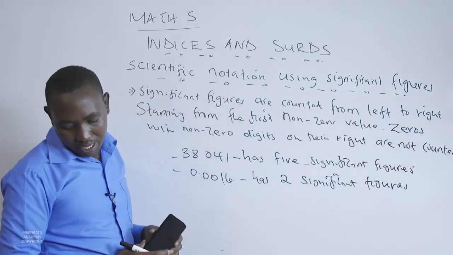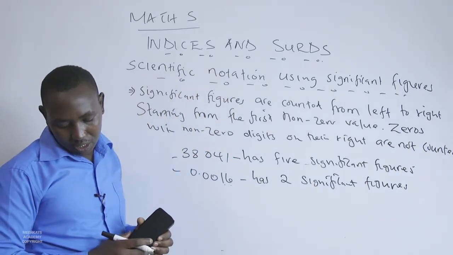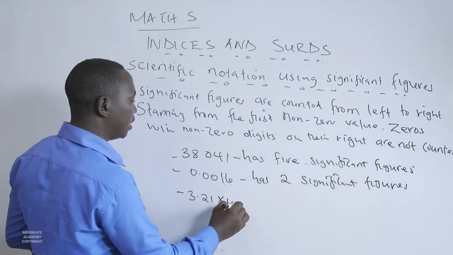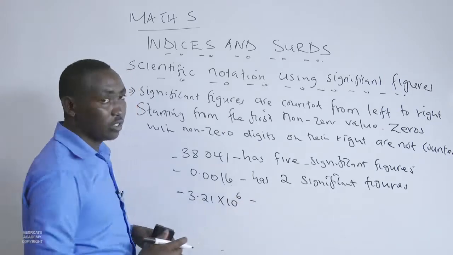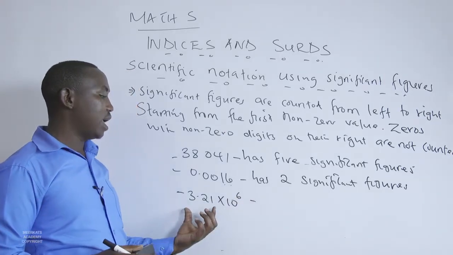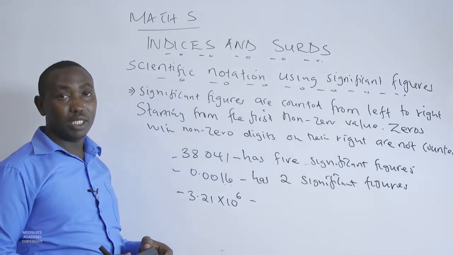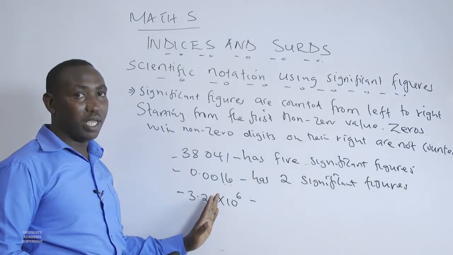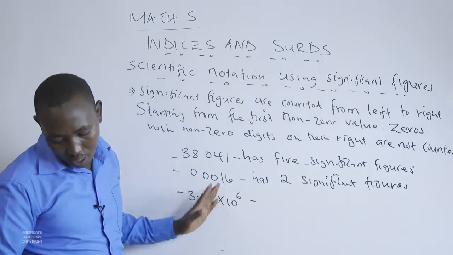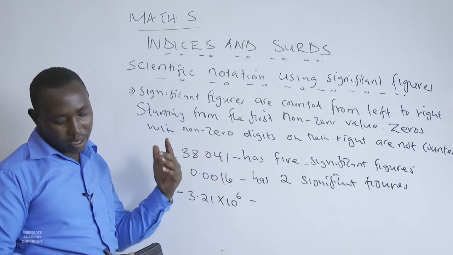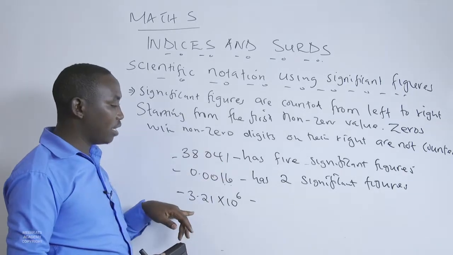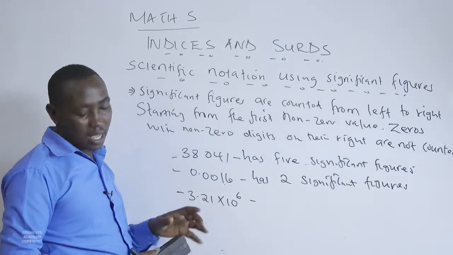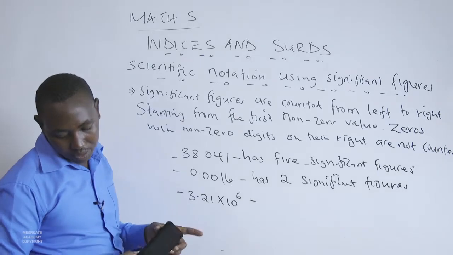We can have another case, 3.21 times 10 raised to 6, for example. How many significant figures does this value have? After here, all the others are going to be zeros, and therefore we can say that this value has 1, 2, 3 significant figures.